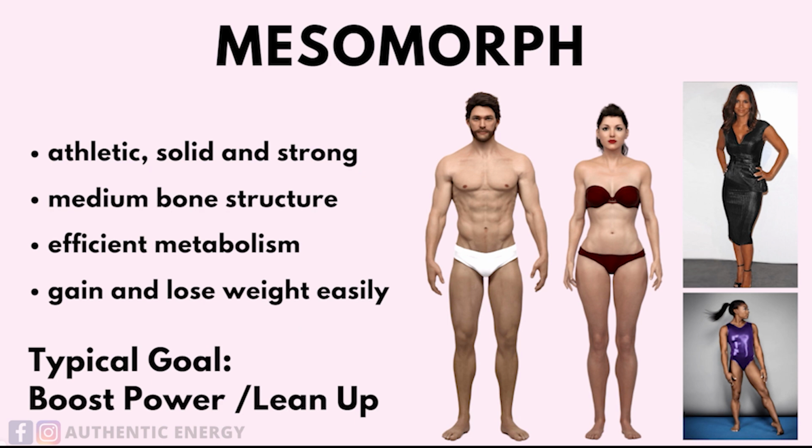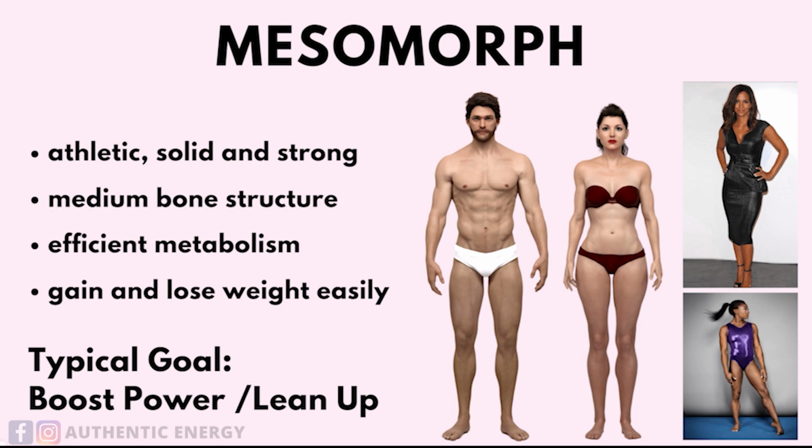Now the next type is the mesomorph. Mesomorphs tend to be more muscular and athletic, and the bodies look very solid and strong. You can actually see very defined muscles in mesomorph bodies. The bone structure tends to be medium, and mesomorphs have a very efficient metabolism, which means they can gain weight easily, but also lose weight very easily as well.